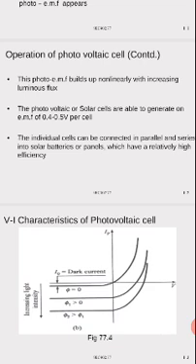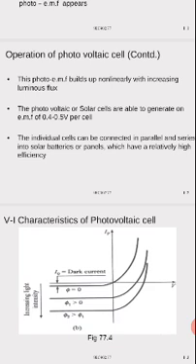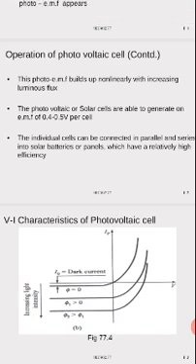When there is no light, a negligible amount of current flows, hence that is called a dark current.